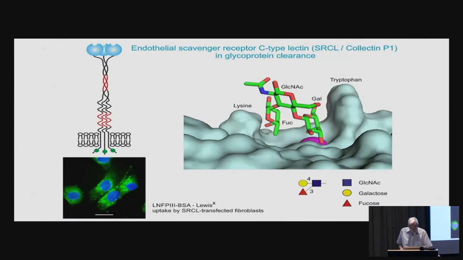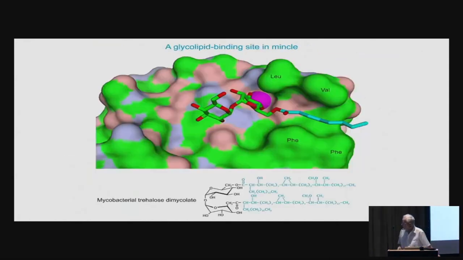So we can end up with a binding site that's more specific by binding more sugars, more complicated sugars. And finally, we can end up with a binding site that interacts with things beyond the sugar. Mincle is another macrophage receptor that also binds sugars like mannose, but its natural ligand seems to actually be a glucose residue, which is quite unusual in a glycoprotein.